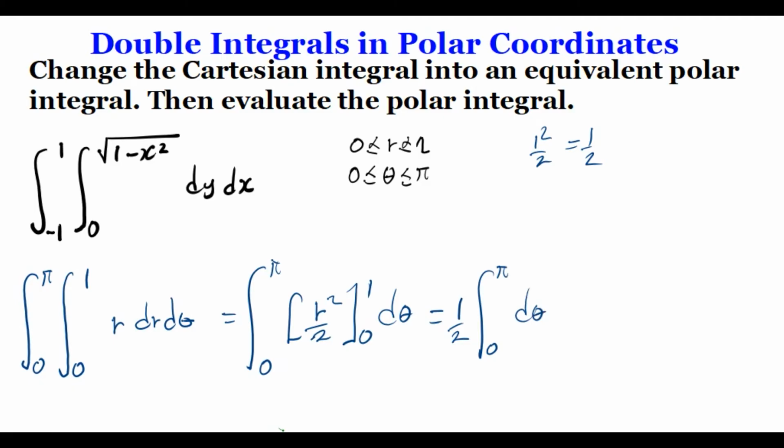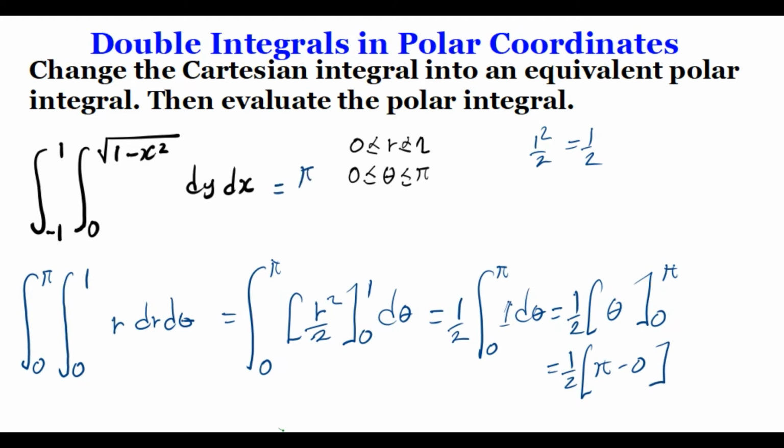Integrate that with respect to theta, there's a 1 there, that's going to be theta, evaluated from 0 to pi. Then 1 over 2 times pi minus 0. You observe that your solution is just equal to pi over 2. This right here is your answer. You are done, just like that.